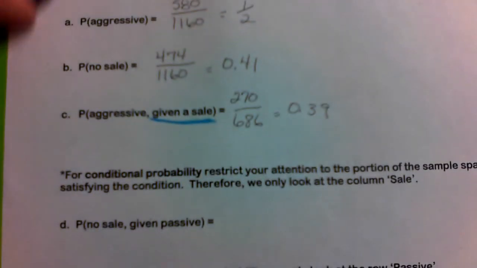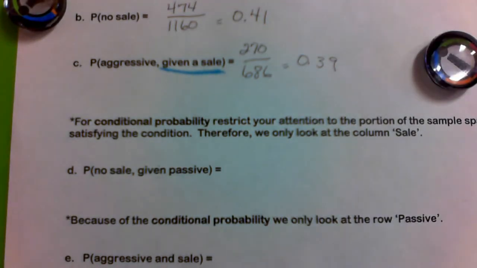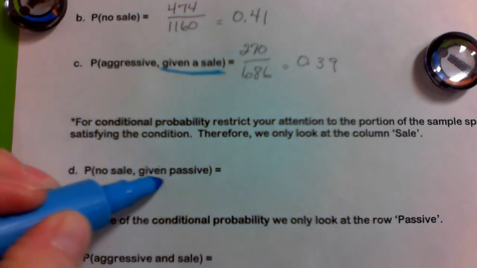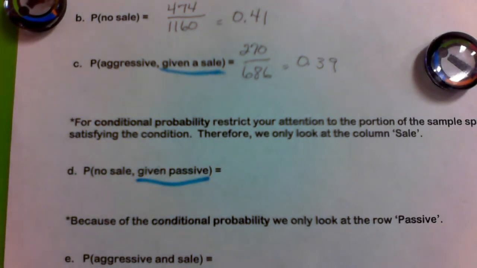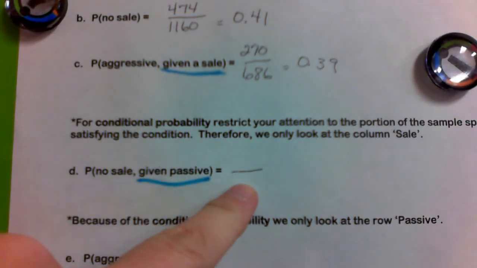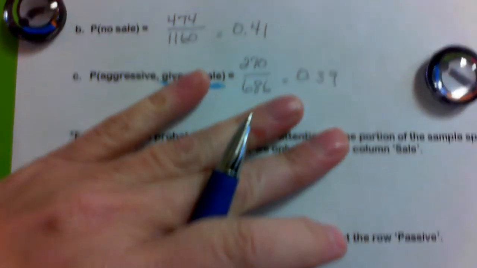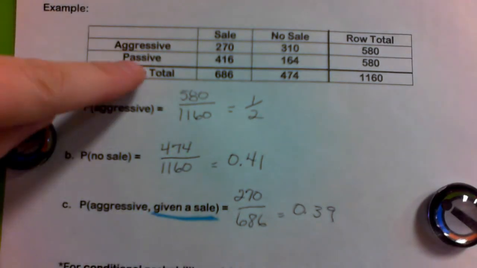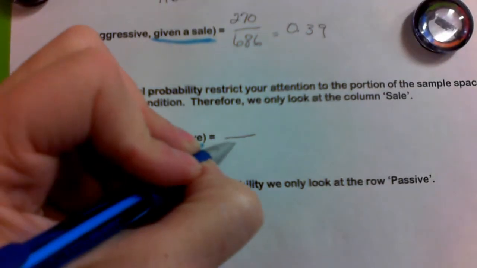Now, D is the probability of no sale given passive. So now we're only looking at people where the passive approach was used. So I know my denominator will be the total of passive. So I come back to my table, I look at passive, that total is 580. So that will be my denominator.